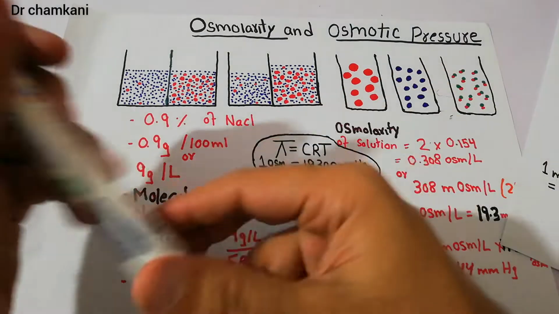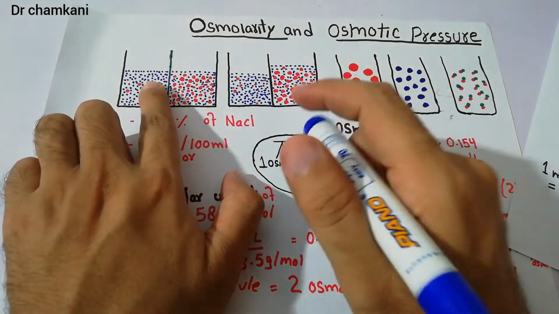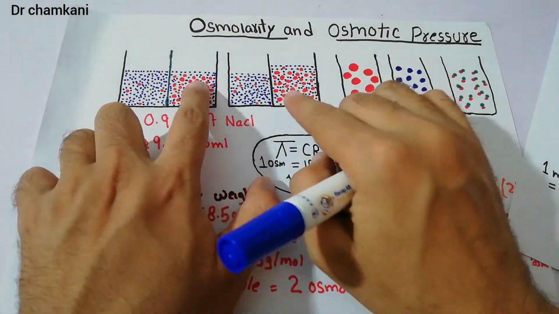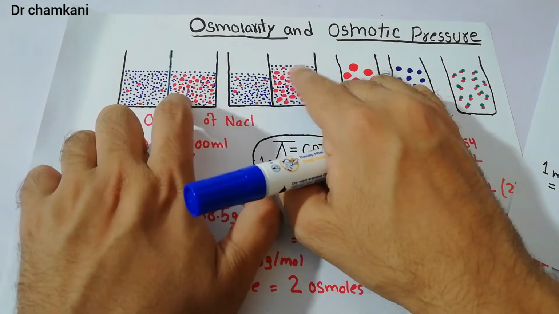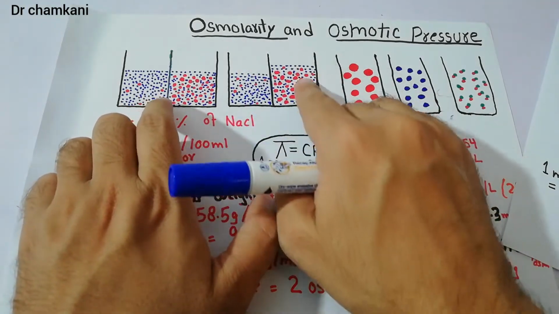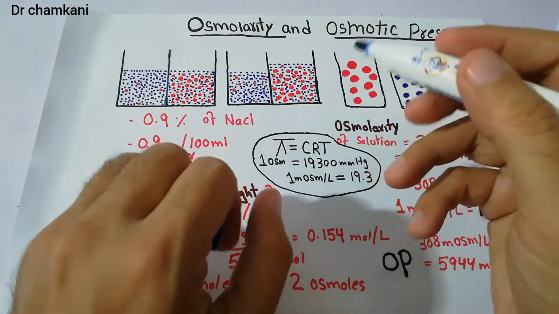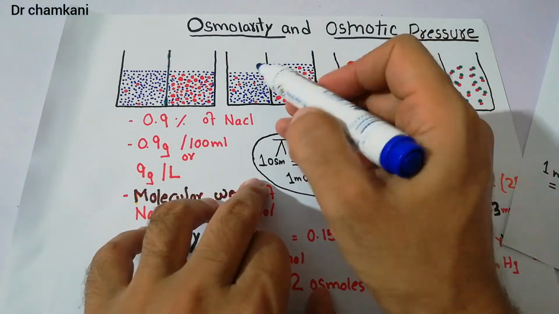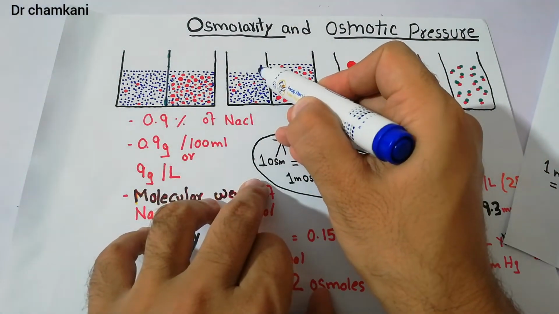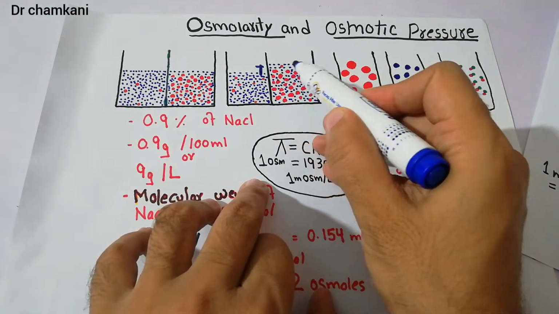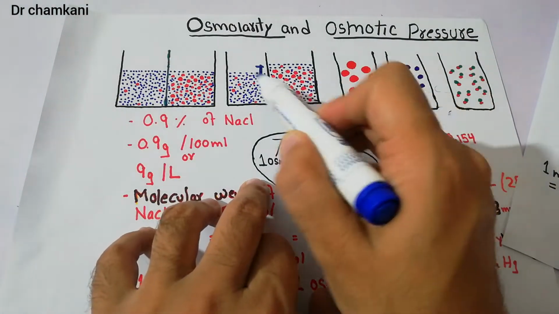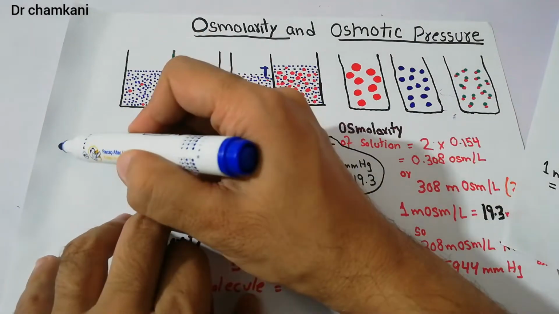Now, when the movement of water occurs from this side to this side, the amount of water on this side increases. Now we can see there is an increase, this much increase in the level of water due to the movement of water, due to osmosis.